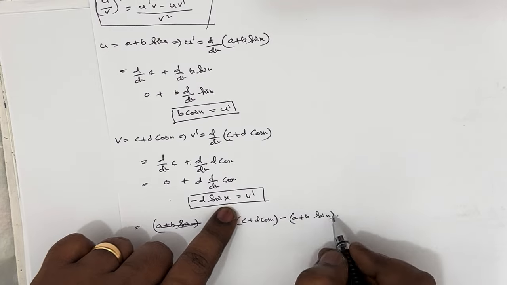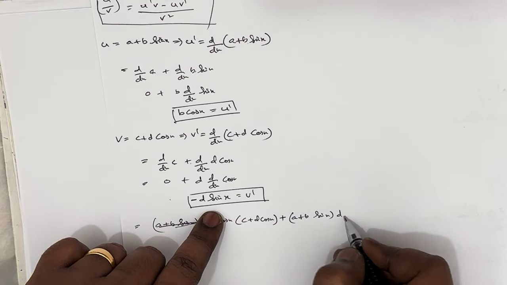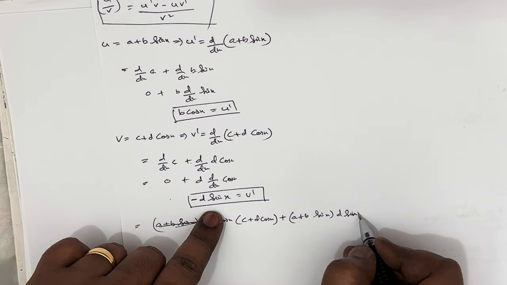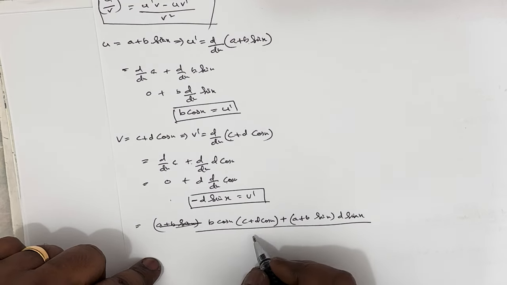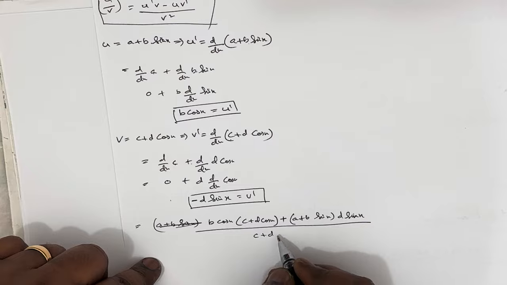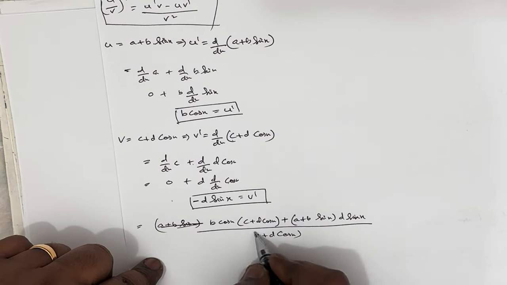So the minus will be multiplied here, and it becomes plus d sin x, upon v square, that is (c plus d cos x) whole square.